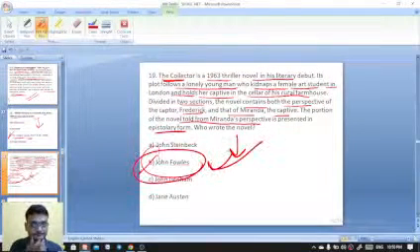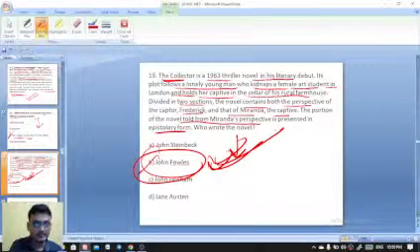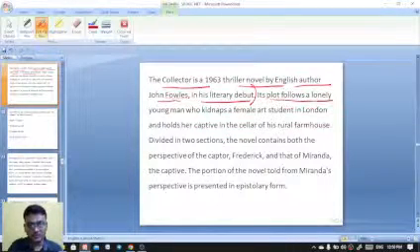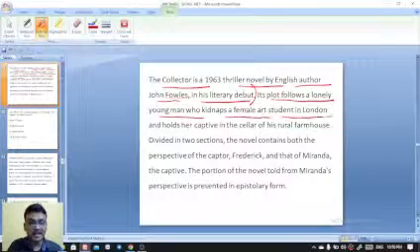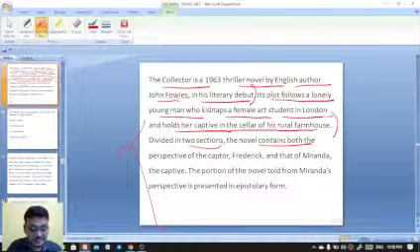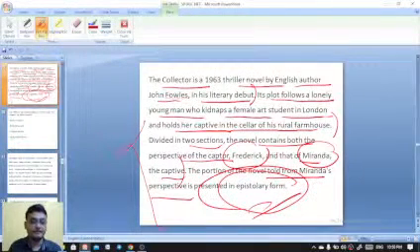Thriller. So B is the right answer. John Fowles has written The Collector, written in epistolary form. The Collector is the 1963 thriller novel by the English author John Fowles in his literary debut. It follows a lonely young man who kidnaps a female art student in London and holds her captive, that is, holds Miranda captive in the cellar of his rural farmhouse. Divided into two sections, the novel contains both the perspective of the captor Frederick and that of Miranda, the captive. The portion told from Miranda's perspective is presented in epistolary form.